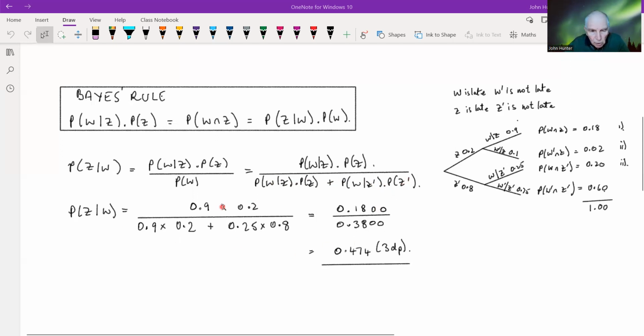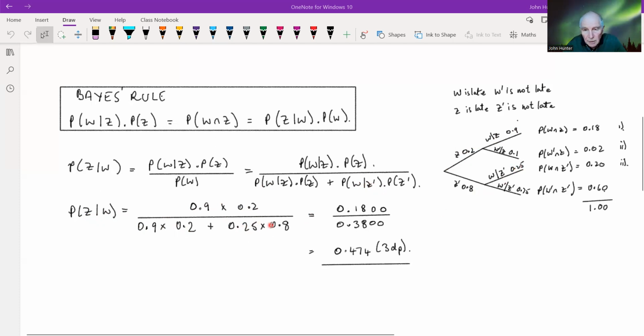So now let's plug the numbers in. We've got all these bits here. So the probability that Zara is late given we is late is equal to, let's have a look at the probability tree that we used, 0.9 times the 0.2 there. Then on the denominator, we've got that same thing again, and then the probability that we is late given that Zara is not late. That's the 0.25, which comes from the question above.